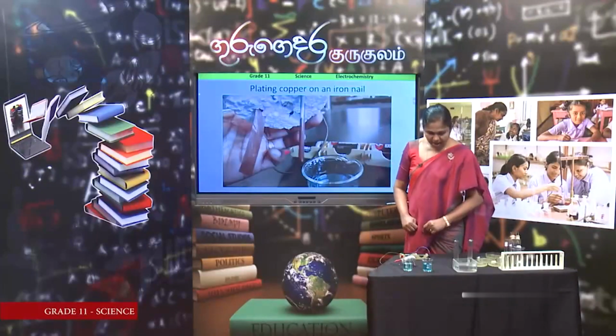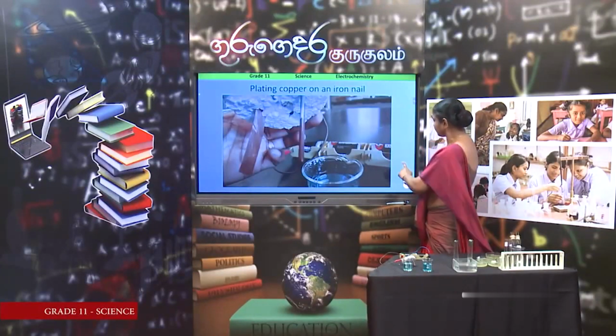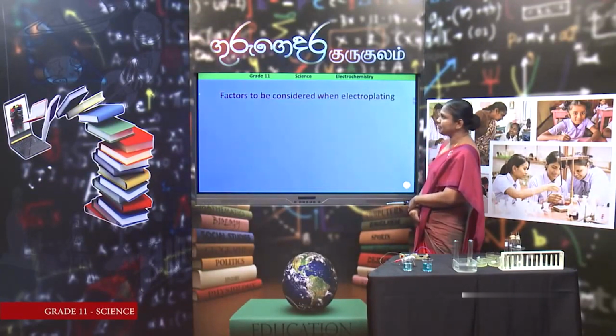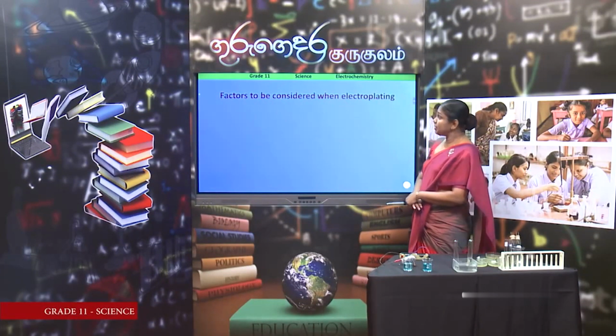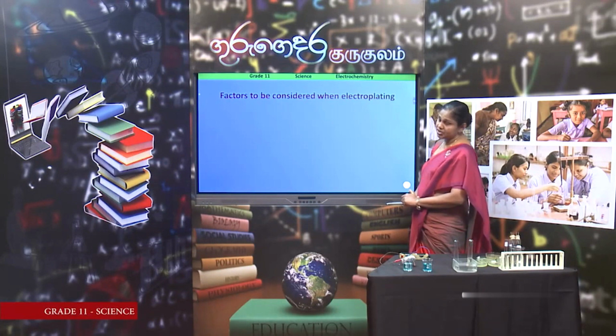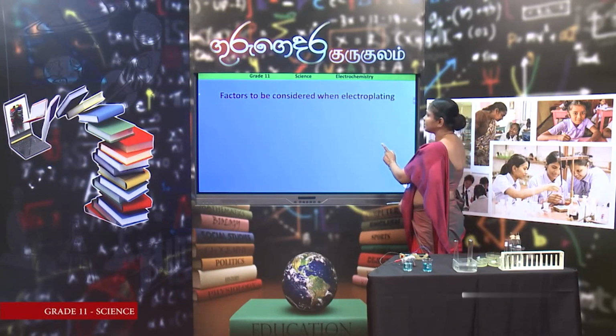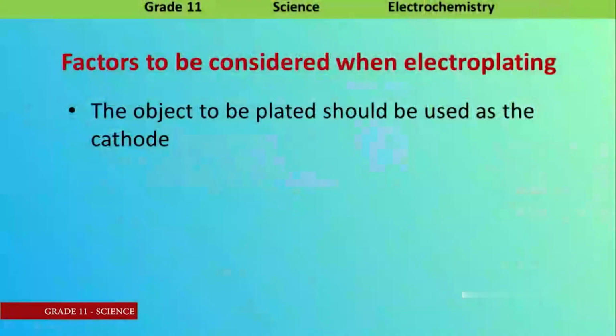Okay, right. Now we are moving to the factors to be considered when electroplating, children. First, the object to be plated should be used as the cathode, right? When the iron nail is plated with copper, the iron nail must be placed as the cathode.